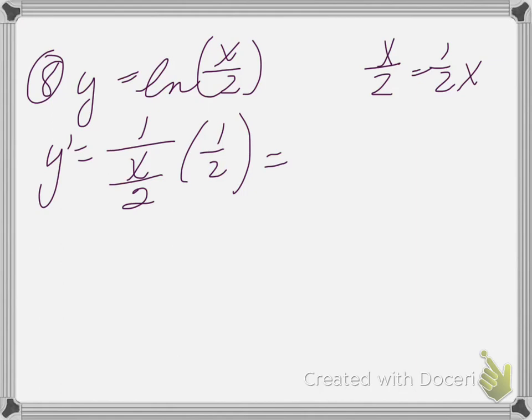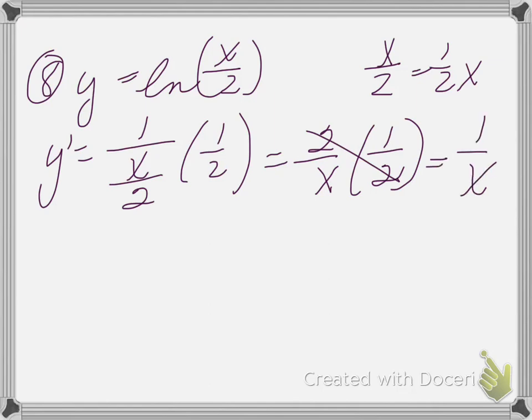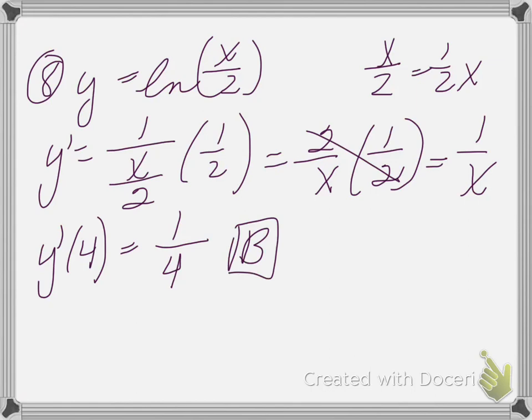Okay, 1 over x over 2 is just the reciprocal of x over 2, which is 2 over x, and it's still being multiplied by 1/2. Then those twos cancel, and you're left with 1 over x. And then you need to find y prime of 4, so substitute x with 4, you get 1/4, and that is choice B.